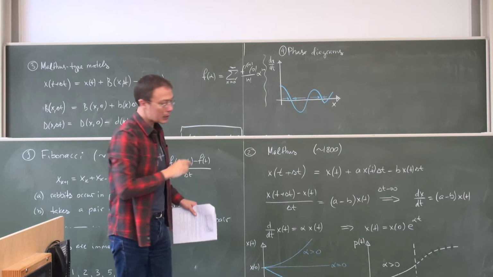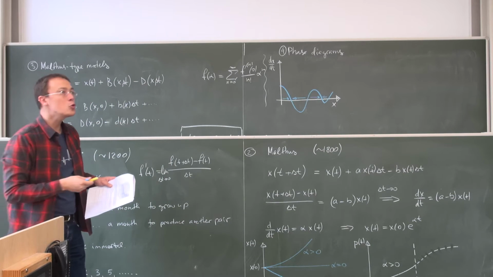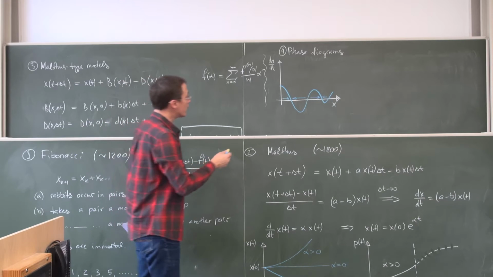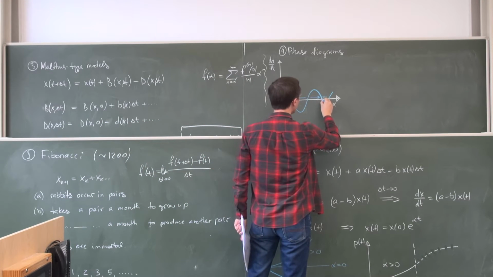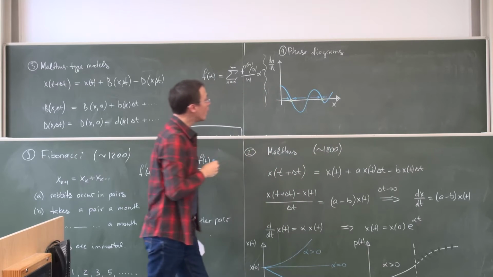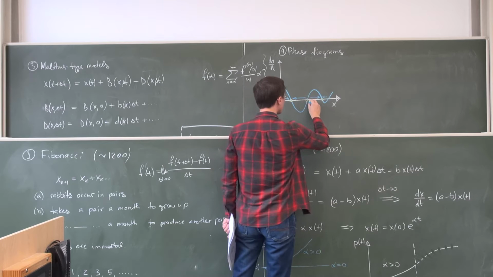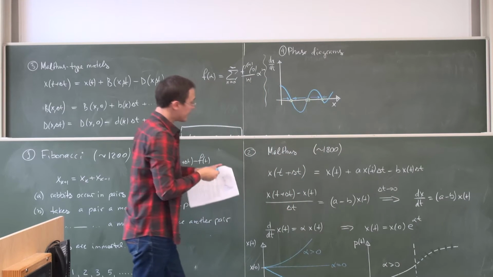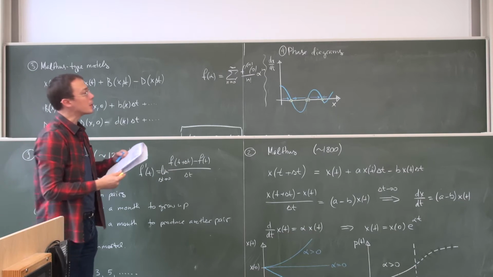Notice there are two classes of points here. There are points into which the arrows are moving, like here and here. And there are points out of which the arrows are moving, like this point there. They are called stable and unstable stationary points.